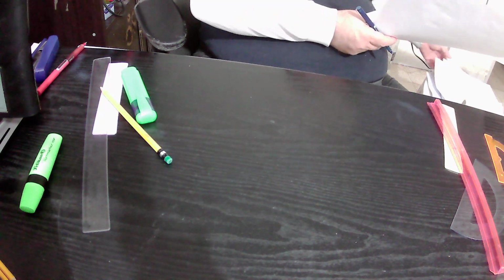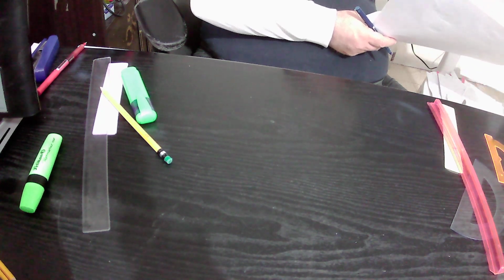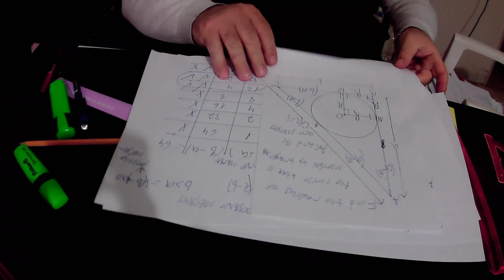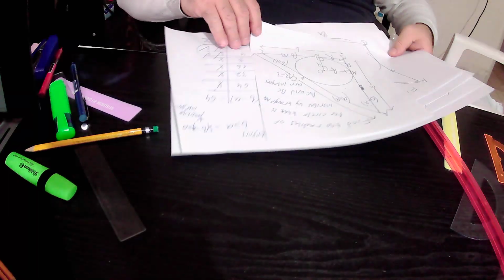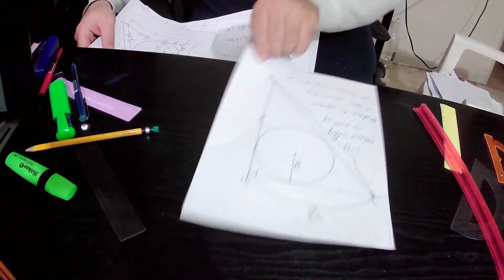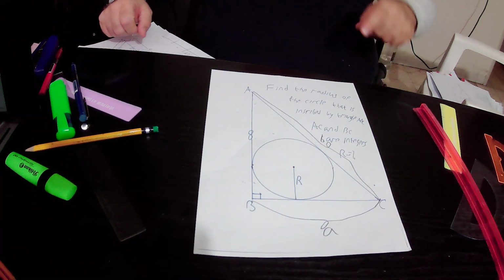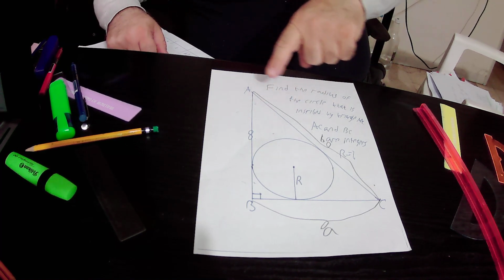We start with the first question, of course. In the first question, we have the right triangle, triangle ABC, and inside the right triangle ABC we have this circle.